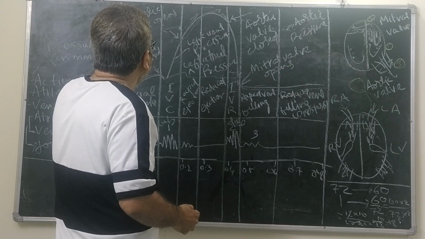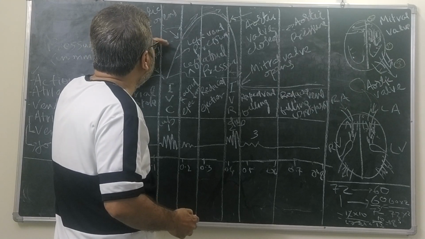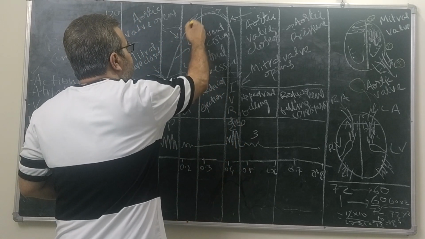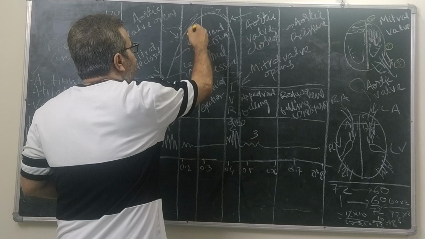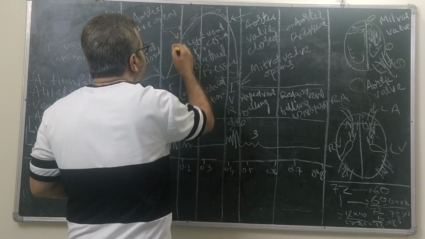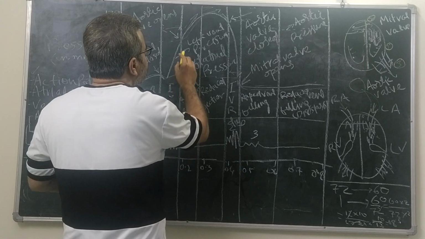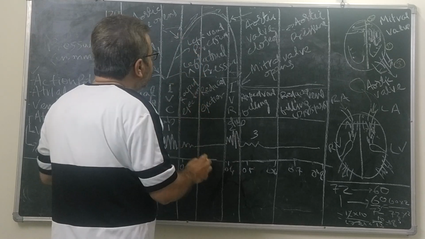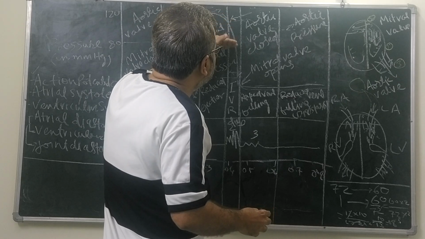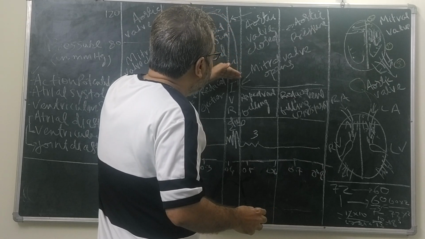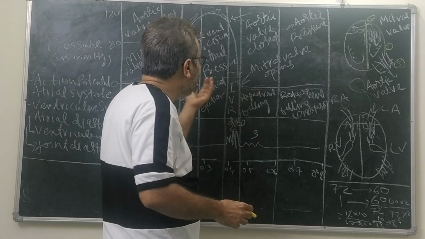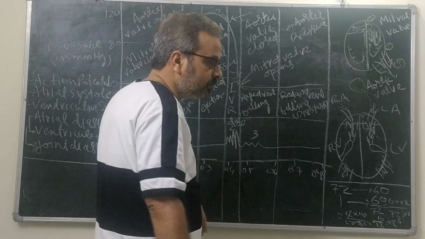So this point of intersection is where the ventricular pressure increases in comparison to the aortic pressure. After that, during the relaxation of the ventricle, it goes down and at a point comes equal to the atrial pressure again.